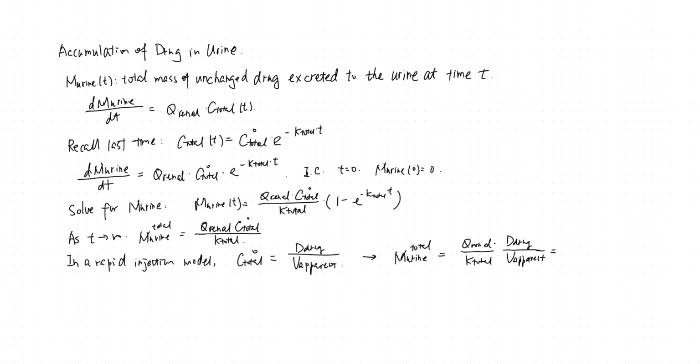So this can be written as the drug dose multiplied by K renal divided by K total.